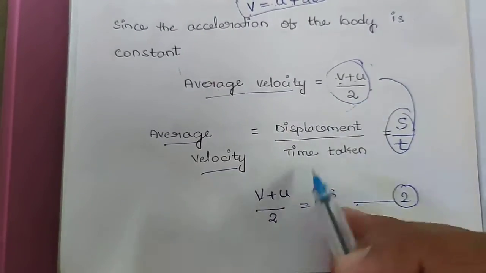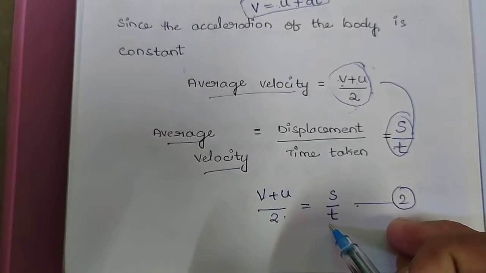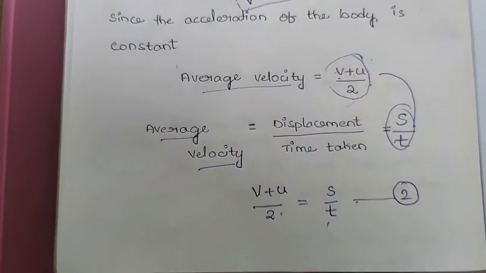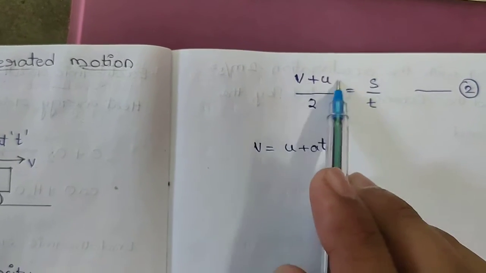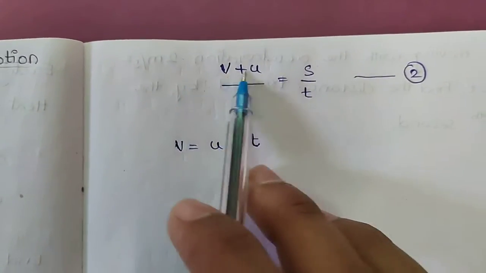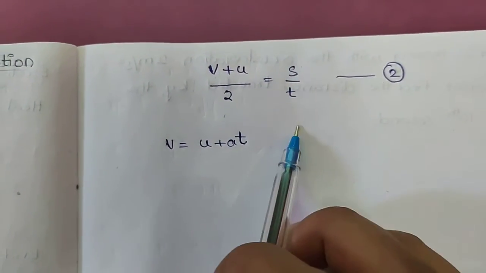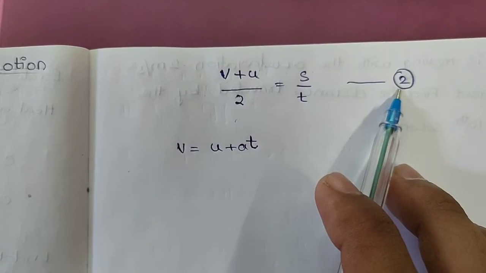I am writing this at the left side and similarly that at the right side. So we have v plus u by 2 is equal to s by t, the average velocity, as equation 2.